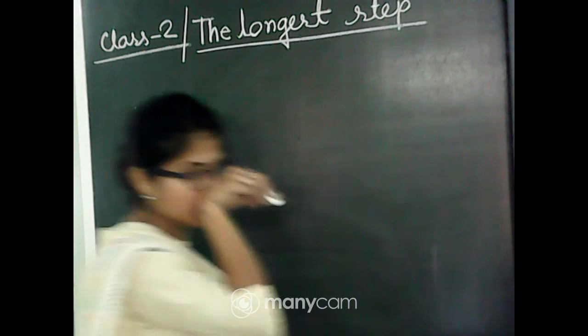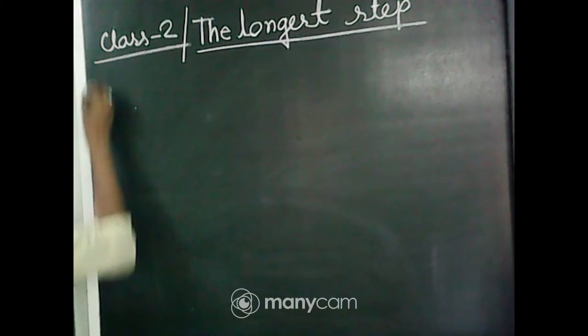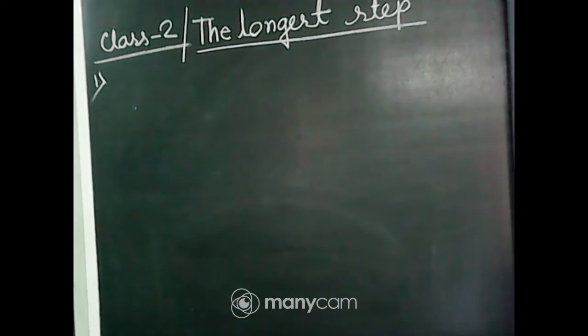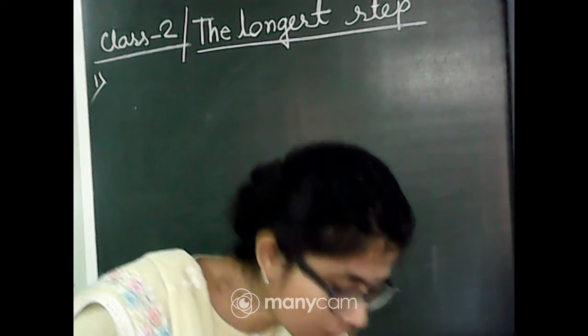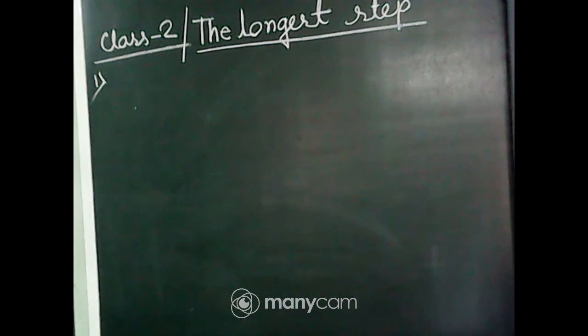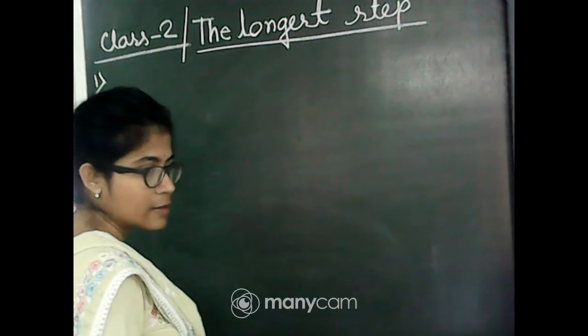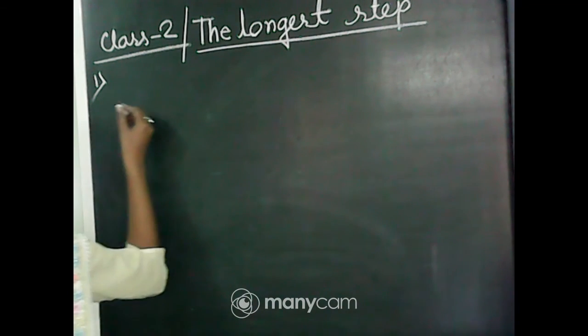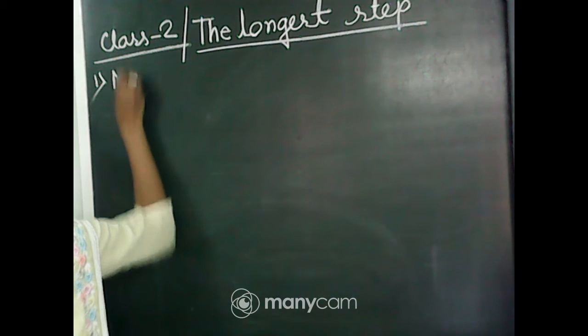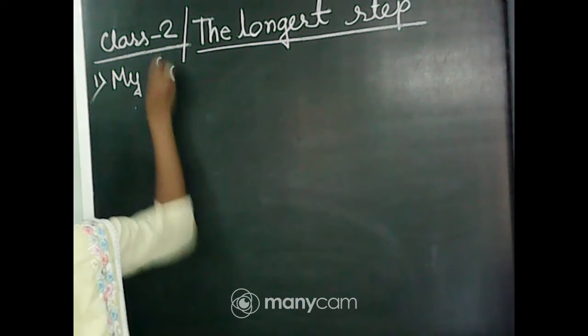The first question, write down in your copy. 3 hand spans. What, Shudeshna? Which thing's measurement is 3 hand spans? My forehead.